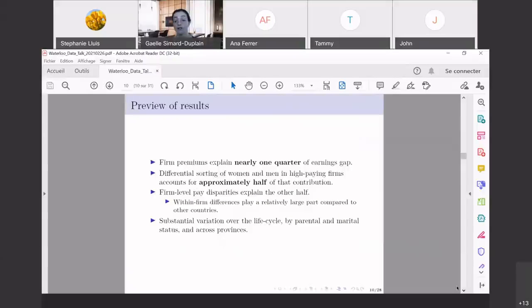Just to give you an overview of the results. We find that differences across men and women in firm premiums account for nearly 1/4 of the earnings gap. The differential sorting of women and men in high-paying firms accounts for approximately half of that contribution, and the rest comes through the bargaining effect, where within the same firm there are pay disparities between sexes.